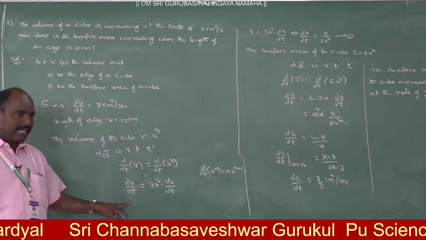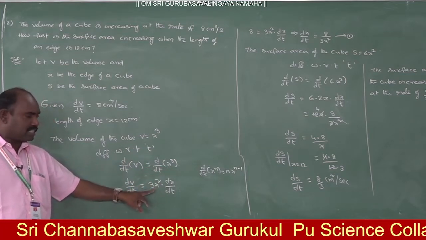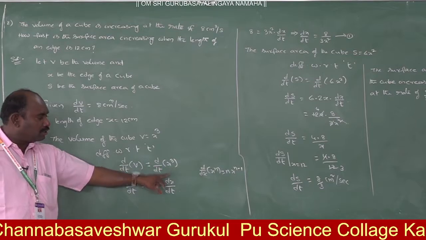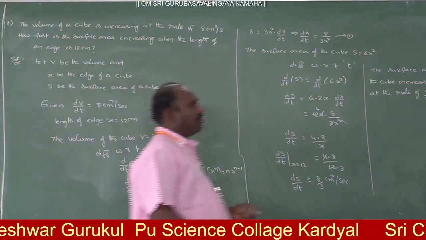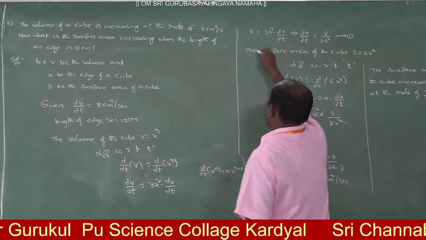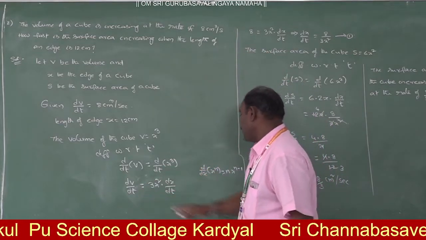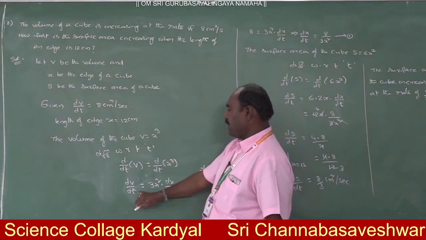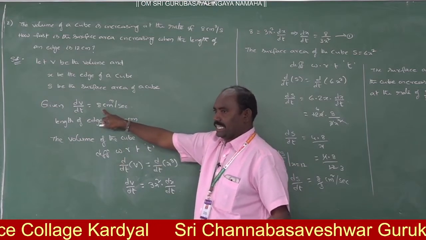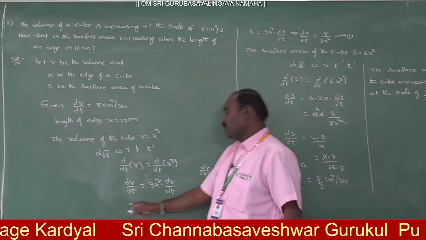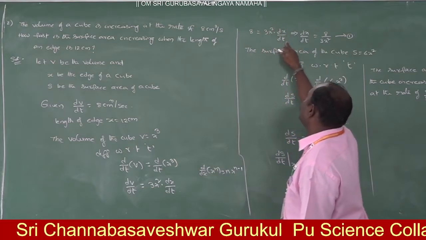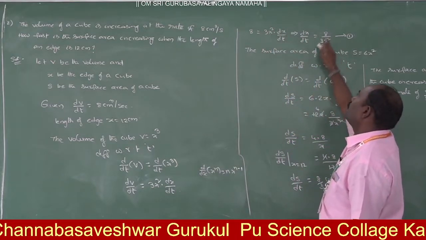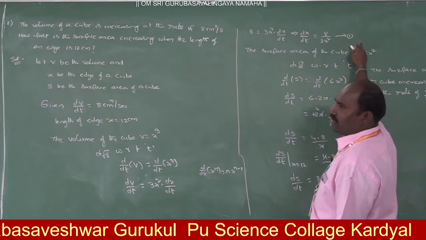Here dV by dt equal to the differentiation of x cube, equal to 3x square into dx by dt. So we have to find the value of dx by dt, and the dV by dt value is given, 8 centimeter cube per second. So 8 equal to 3x square into dx by dt. So dx by dt value equal to 8 by 3x square. This is equation 1.